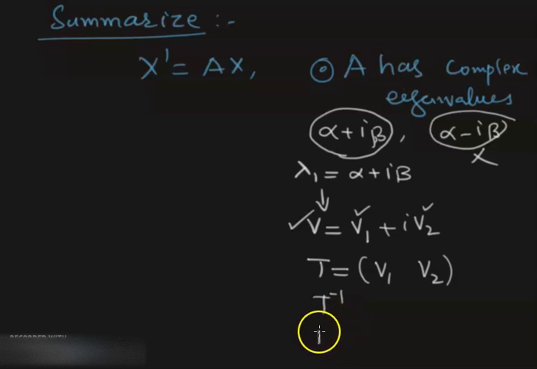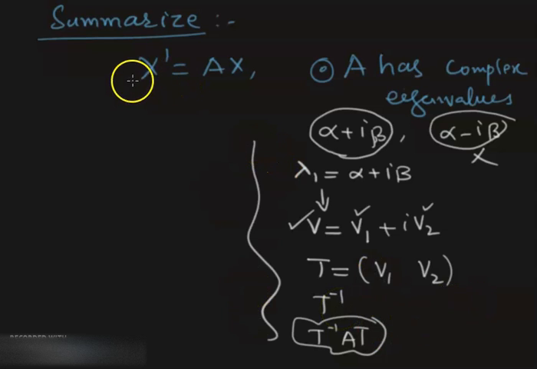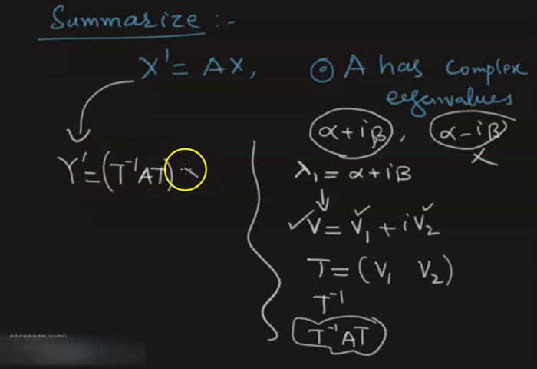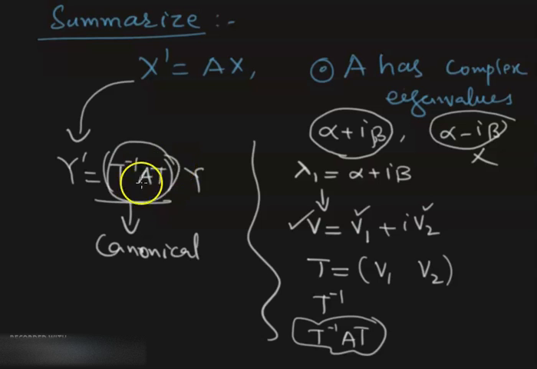Then T inverse AT becomes the matrix such that this system is converted into canonical form. In other words, this matrix will have canonical form, and it will be easy to recognize whether it is a spiral sink, spiral source, or purely imaginary.